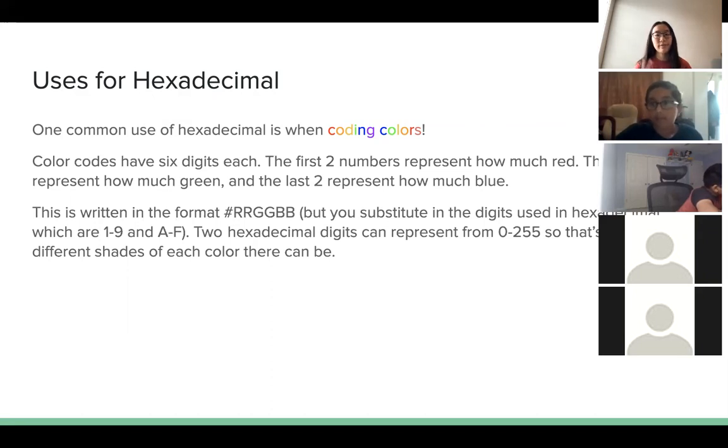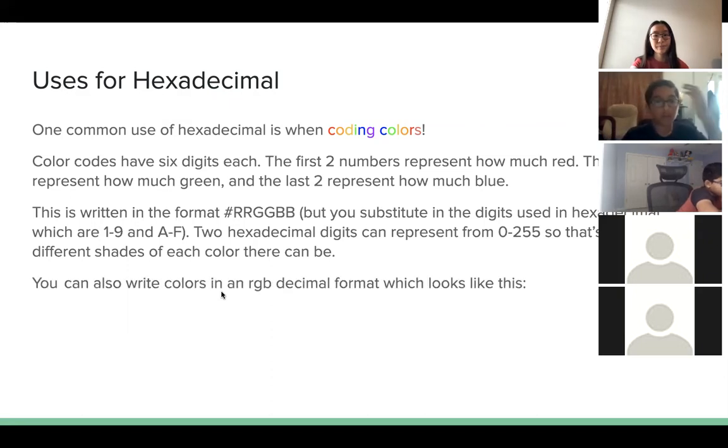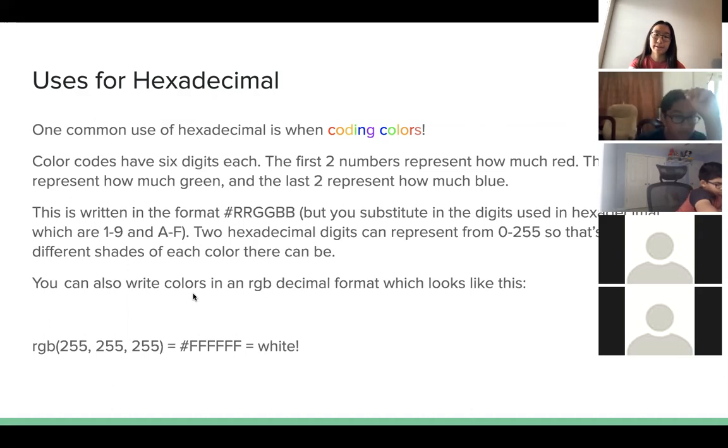Just having two place values in hexadecimal can represent the numbers from 0 to 255. So there's 256 shades for each color, which means there can be many different colors. There's another way to write colors, in a normal decimal format that looks like this. Each of these numbers, like the first one, is red, 255 is red, and the first two Fs also represent red because FF is going to equal 255 if you calculate it out.